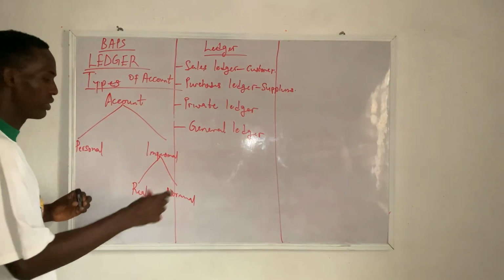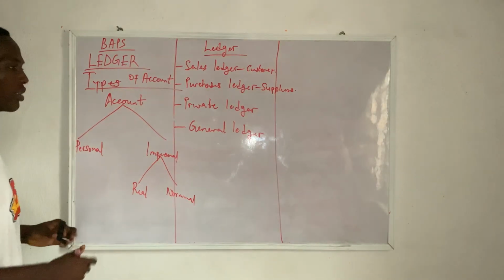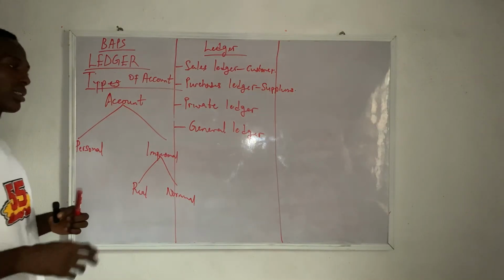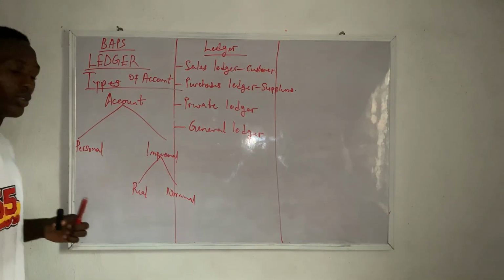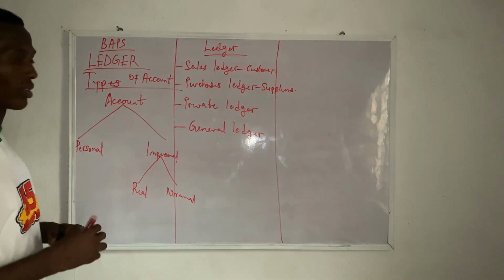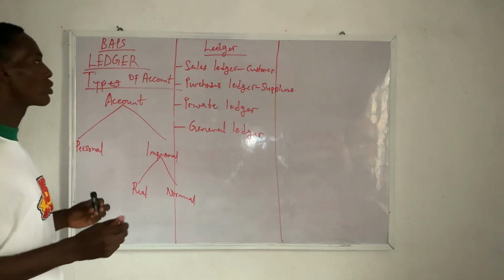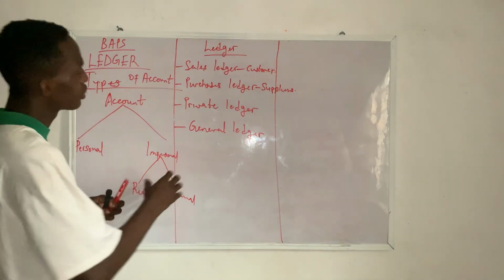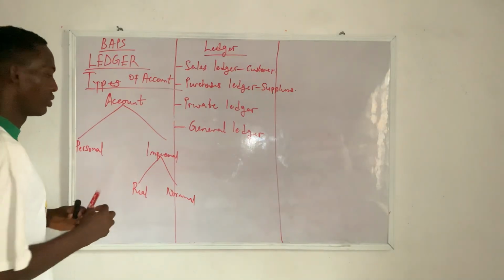General ledger, that is our real and our nominal accounts, such as our assets, non-current assets, current assets other than receivables, then our income, expenses, and the likes. I don't want to take much time because this is just the theoretical aspect. So this is basically all that we need to record.